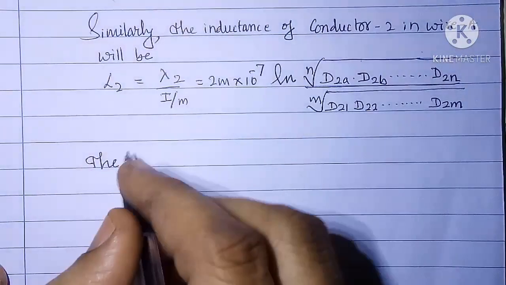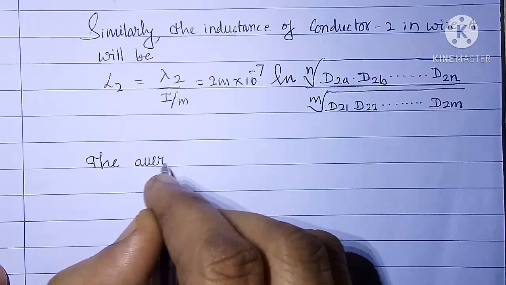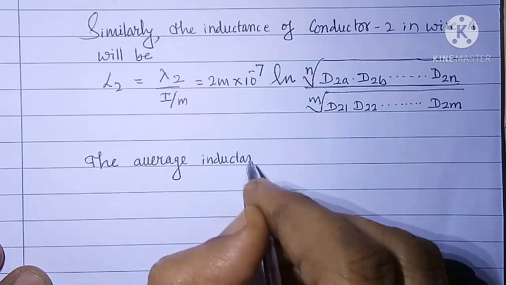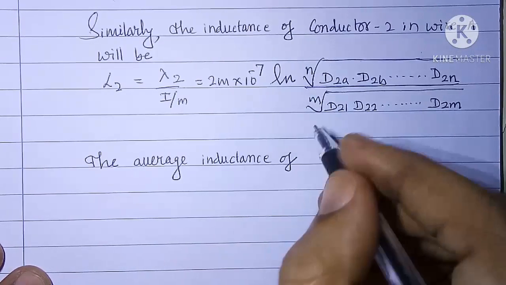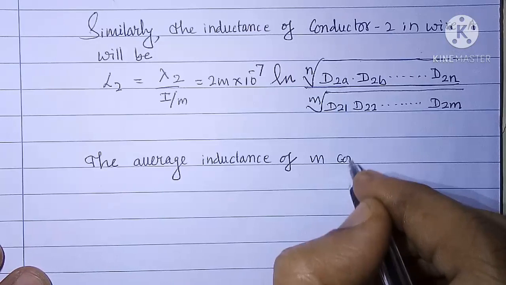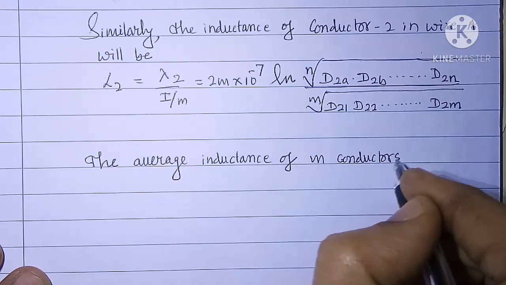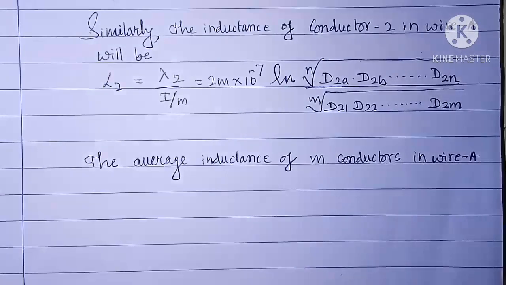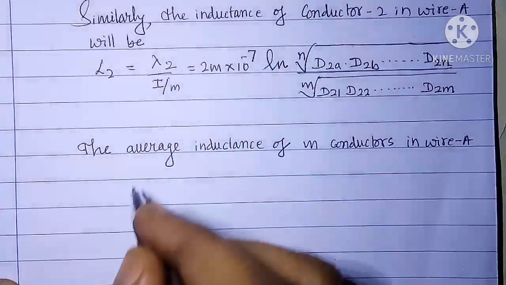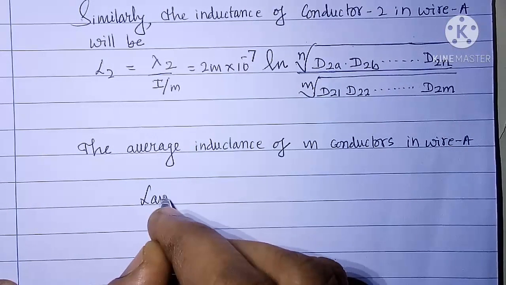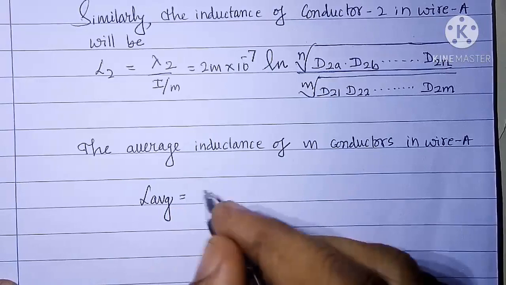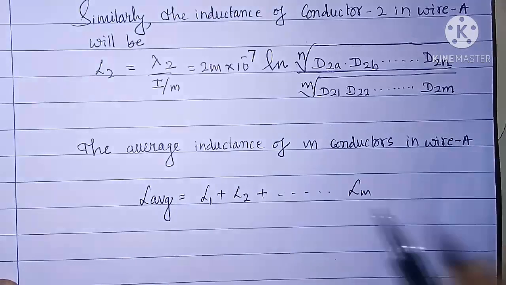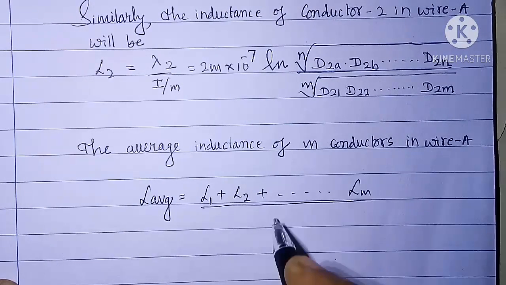The average inductance of m conductors in wire A, L average, is equal to L1 plus L2 plus and so on up to Lm divided by m.